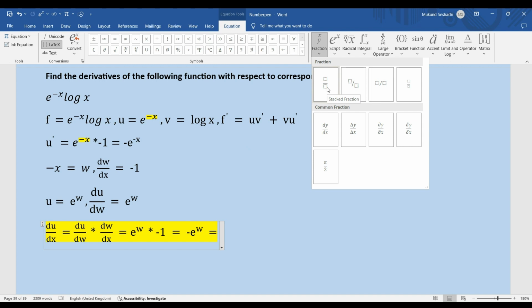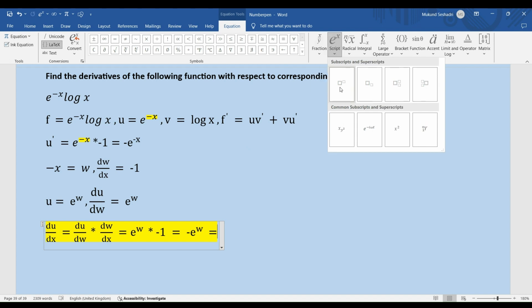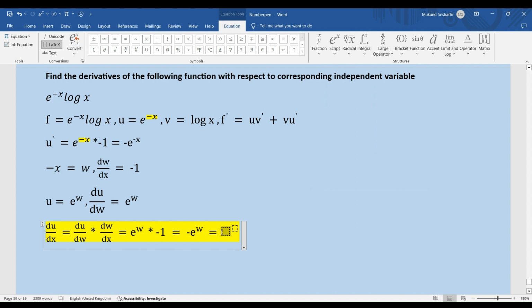So that means my final answer is minus of e to the power minus x, right? So that's how we arrive at this, and what we call in calculus as the composite rule or the chain rule of differentiation, right? So I know my u dashed.